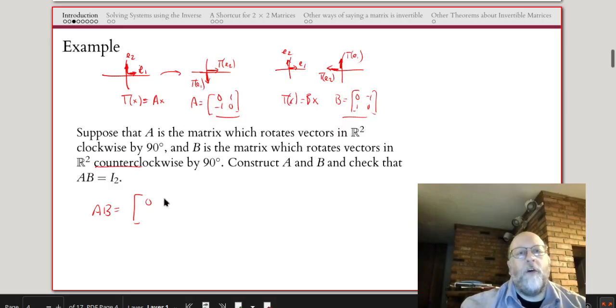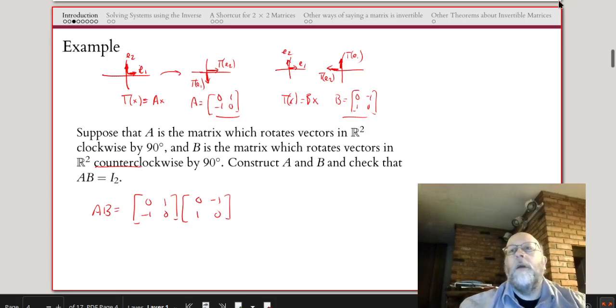is 0, 1, -1, 0 times 0, -1, 1, 0. And divide this into columns, divide this into rows.